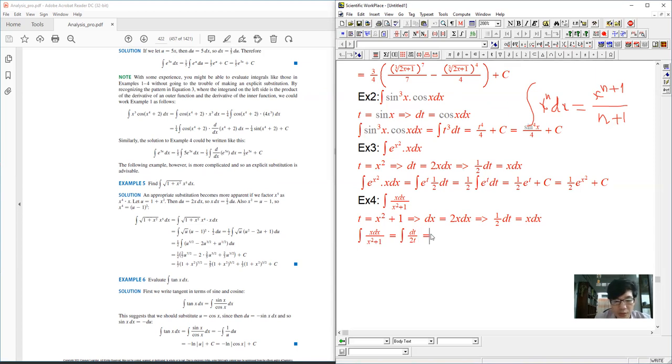The integration of the function is ln of t, with the constant put in front, and we take the absolute value to ensure it is positive. Returning t to s squared plus 1, we get 1/2 ln of the absolute value of s squared plus 1.